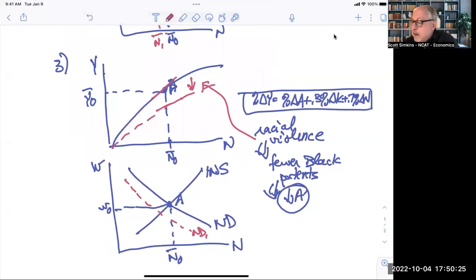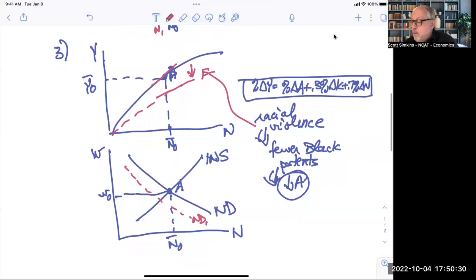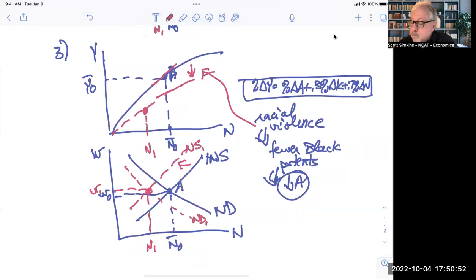It's probably the case that there were fewer Black inventors in the labor market during this period of time as well, and so labor supply may have gone down as well. That's possible. So the equilibrium is back here, at N1. It's hard to tell what's going to happen to the real wage. It depends on which one of the shifts is larger. But with N1 being the employment level, then we're going to have less GDP.